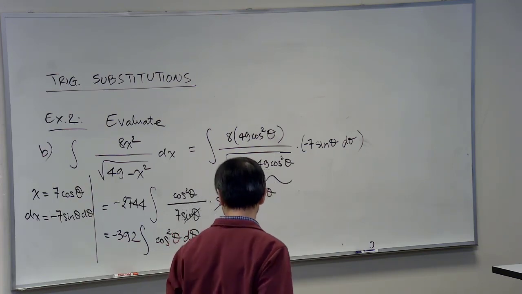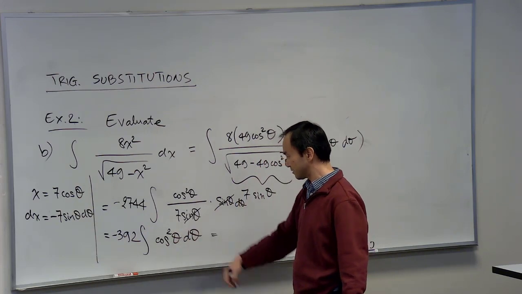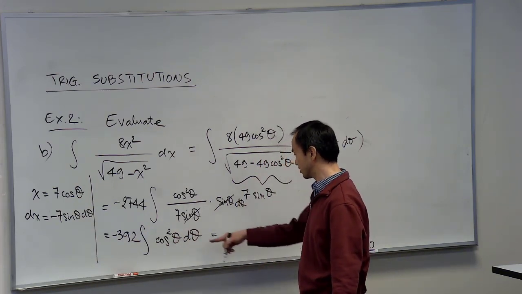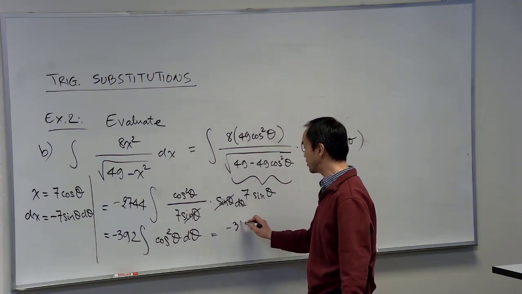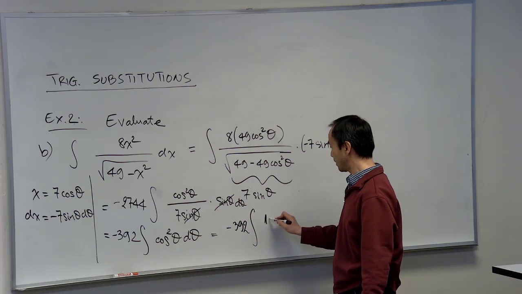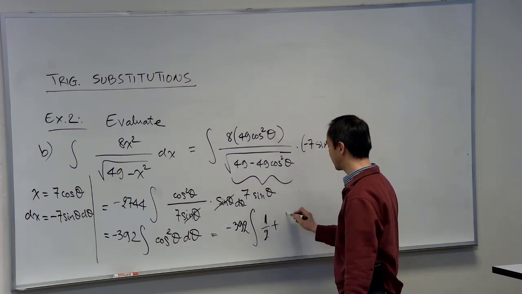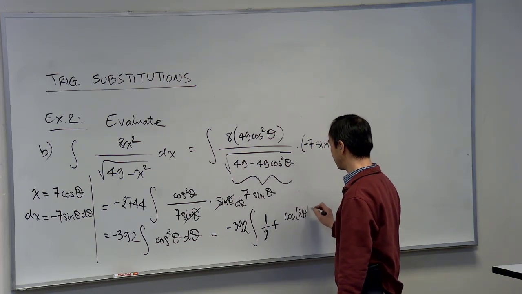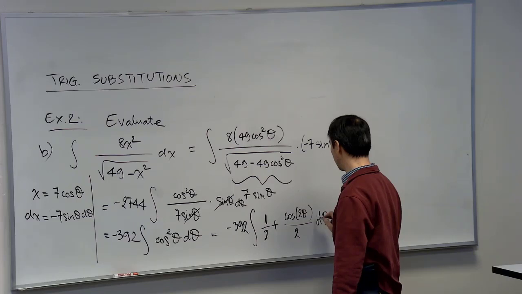So for this problem here, it was a square power thing. It was a square, so we're going to have to use a double angle formula again. So minus 392, right? And the integral here, we're looking at 1/2 plus cosine 2 theta over 2 d theta.